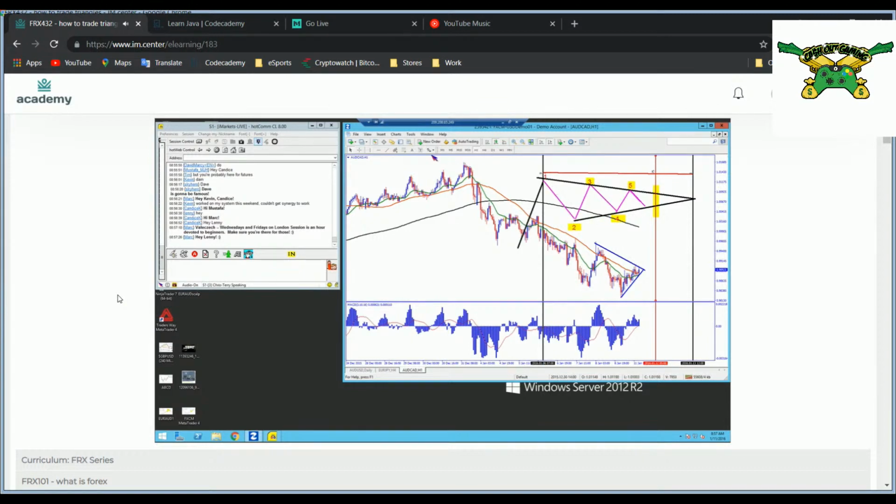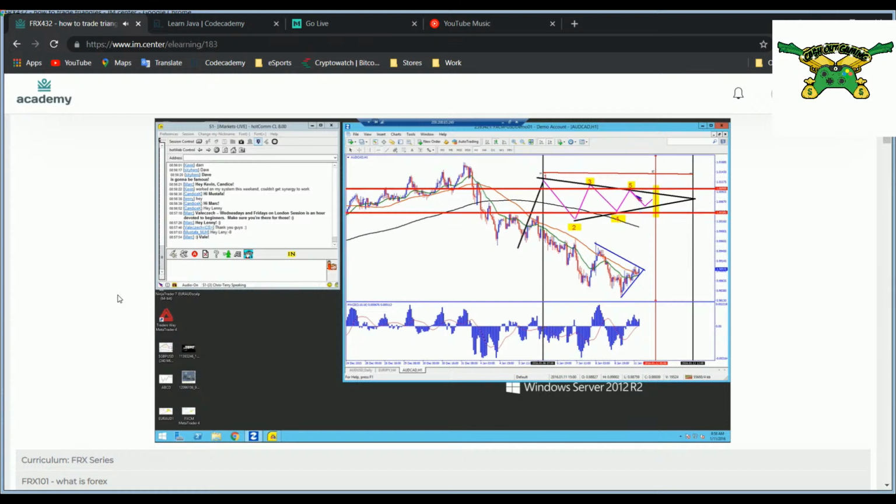So when you're looking at the symmetrical triangle, you're looking for a breakout point, and you're looking at that point right there and this point. You're looking at these 2 points. So you have 1, 2, 3, 4, 5, and then it's going to chop, and then you're looking for a breakout.